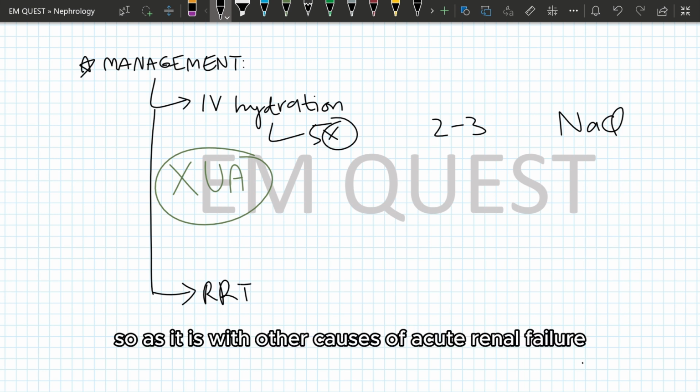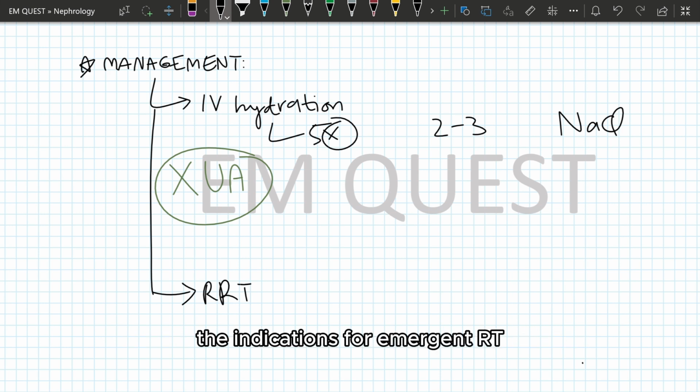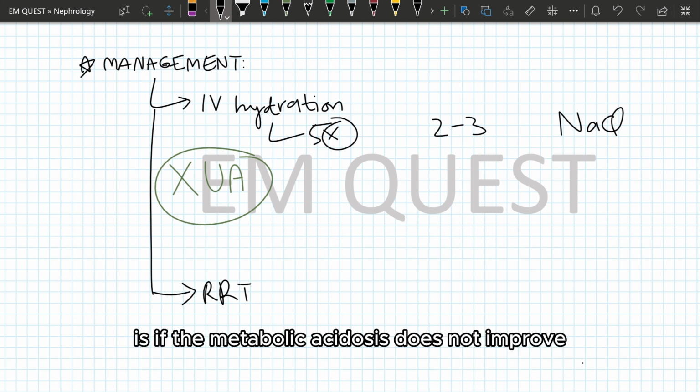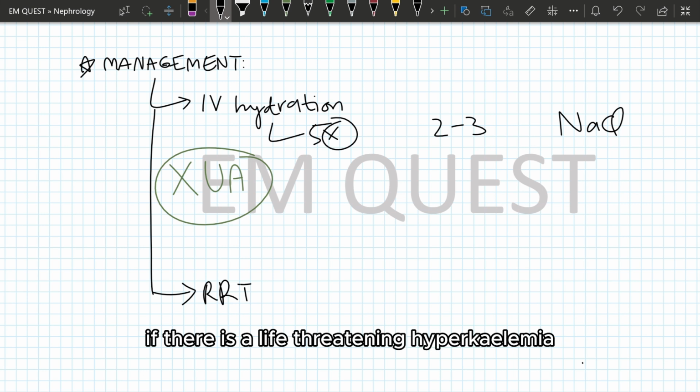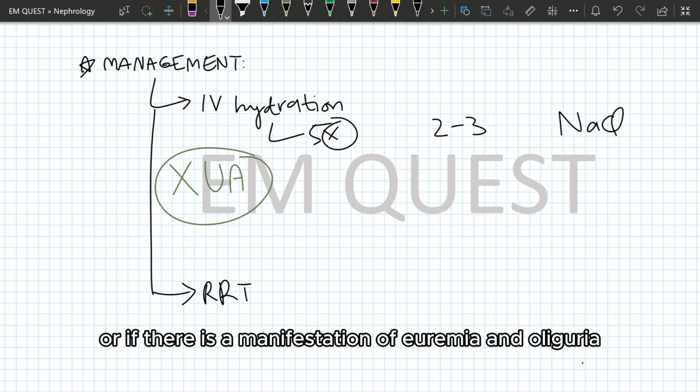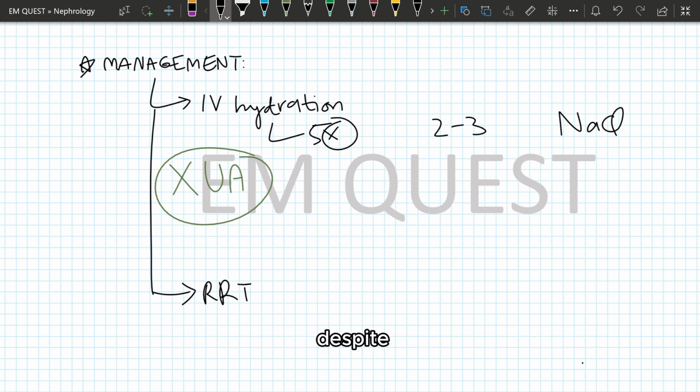As it is with other causes of acute renal failure, the indications for emergent RRT are if the metabolic acidosis does not improve, if there is a life-threatening hyperkalemia, or if there is a manifestation of uremia, anuria, or oliguria despite treatment.